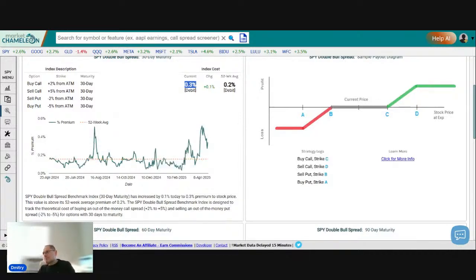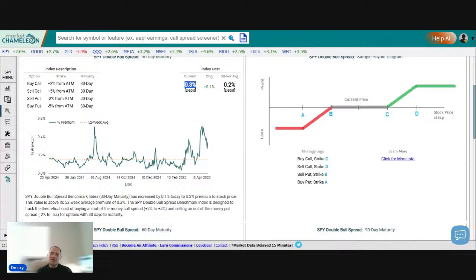And so what does that mean? Well, as the cost of this spread increases, think of it this way: a bullish double spread really looks at the skew along the downside and upside. So what we're tracking is kind of like the skew.